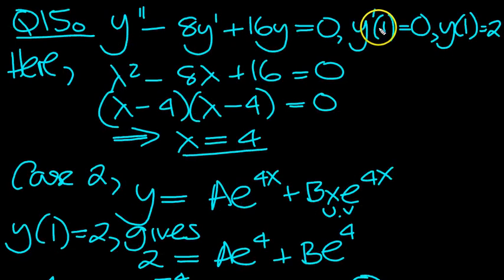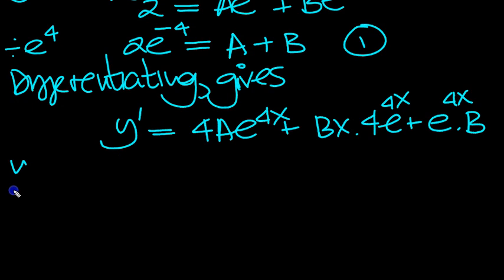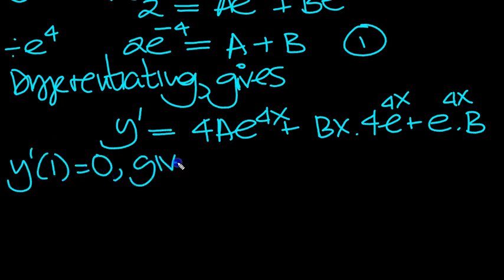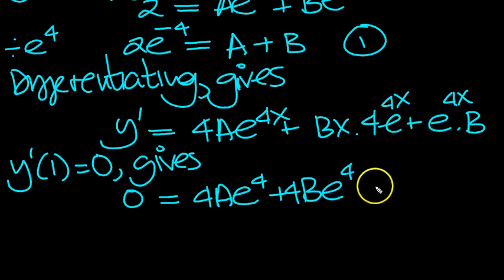Now we've got our initial condition to input. Y dashed 1 equals 0 gives y dashed equals 0 when x equals 1. So we get 4a e to the 4 times 1 is 4, plus b, x is 1, 4b, so I'll put the 4 there, e to the 4, and then there's a plus b e to the 4.